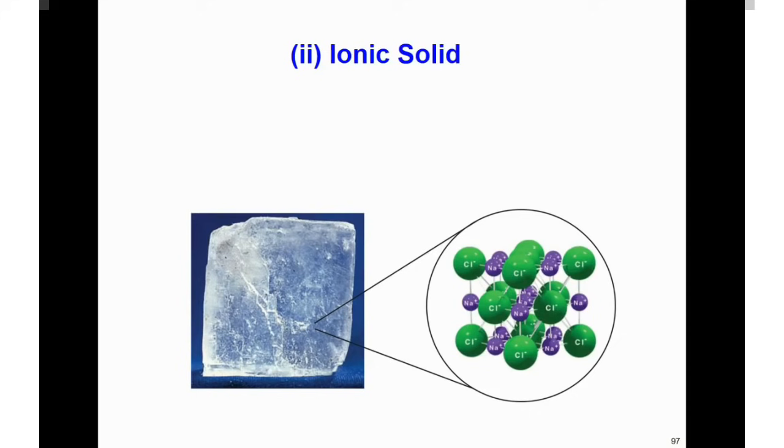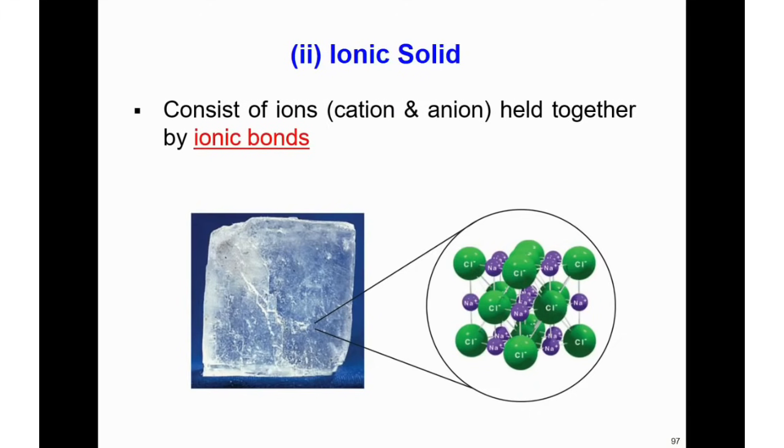Now let's look at ionic solid. Ionic solid consists of ions, cation and anion, which are held together by ionic bonds. An example of ionic solid is sodium chloride, which is also known as table salt in the kitchen.